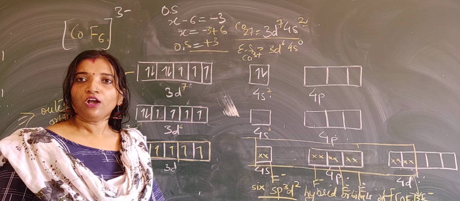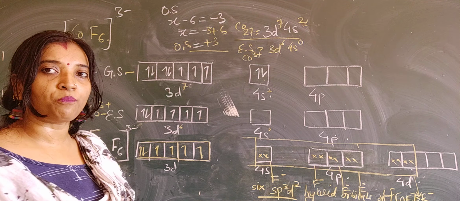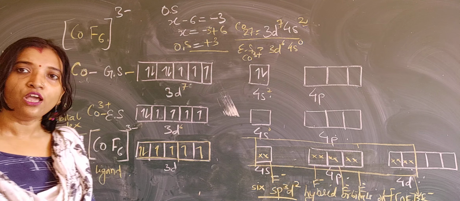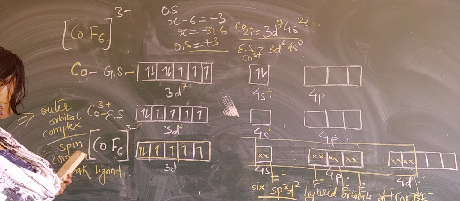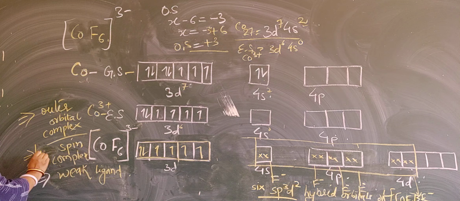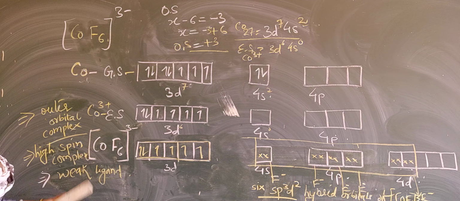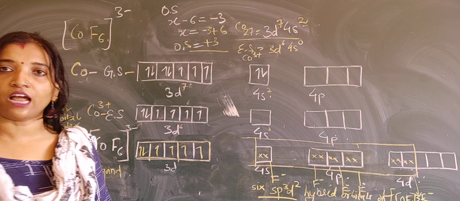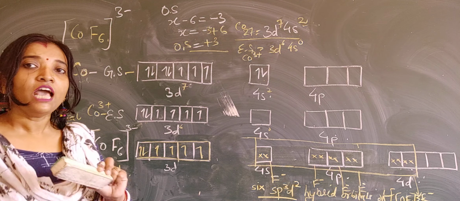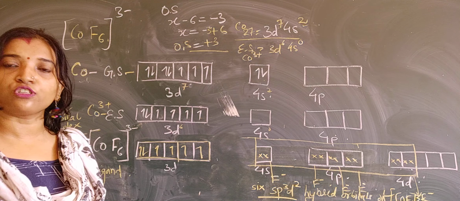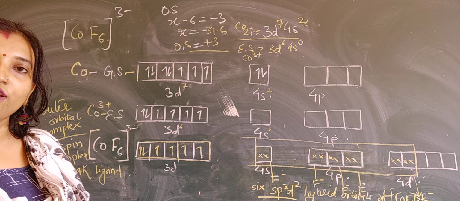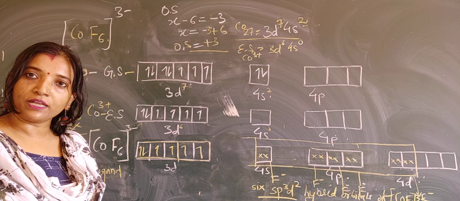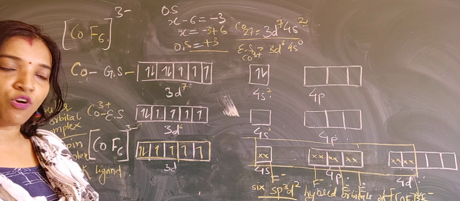We will write here high spin complex. First is outer orbital complex, second is high spin complex. This is due to the presence of weak ligand. Under the influence of weak ligand, there is no pairing of electrons, and due to no pairing of electrons, a high spin complex and an outer orbital complex are formed.